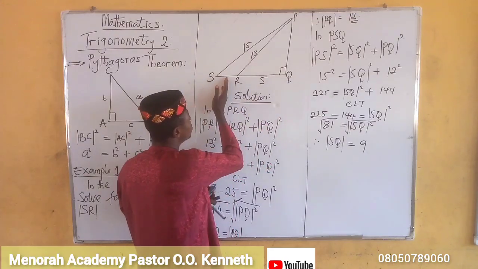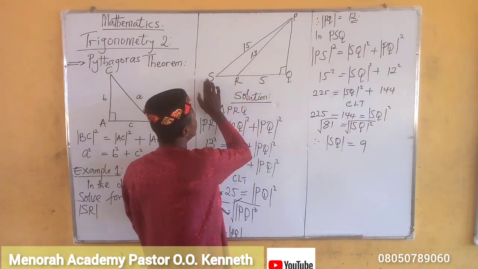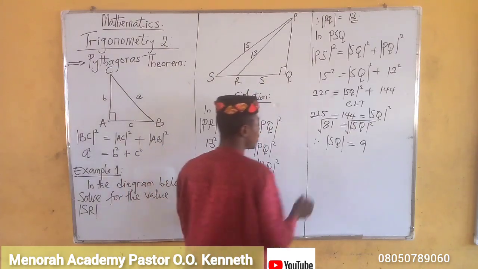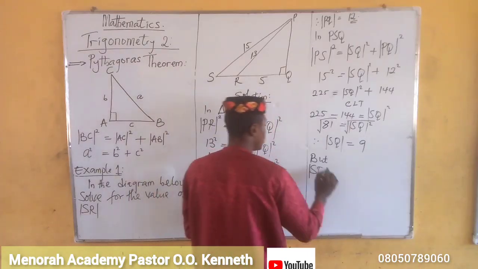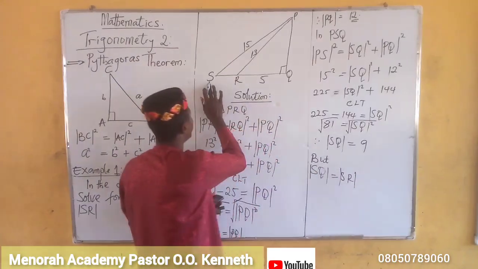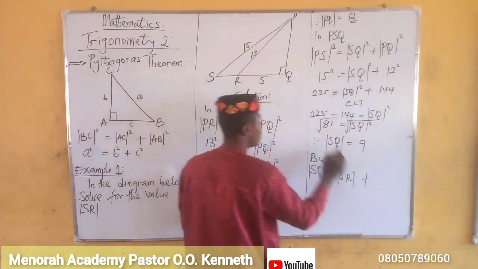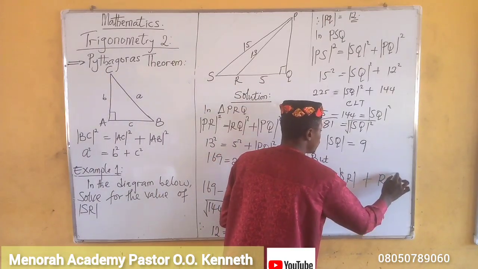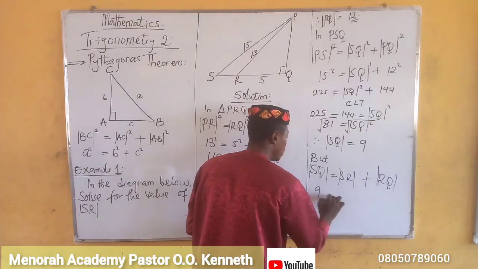That means this small space plus this space, all of them put together, will give us from here down to this place. So line SQ is equal to line SR plus line RQ.